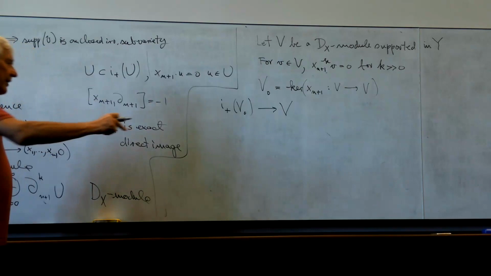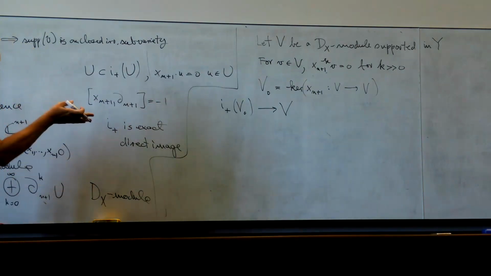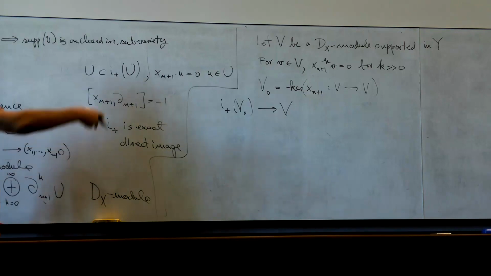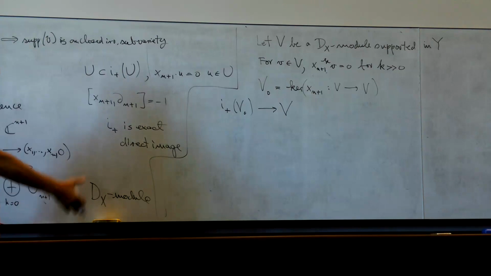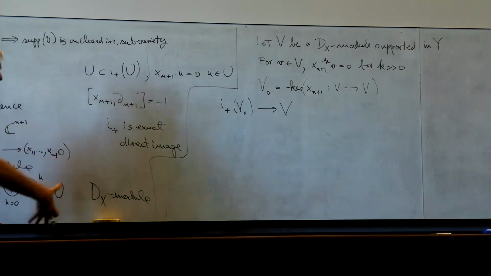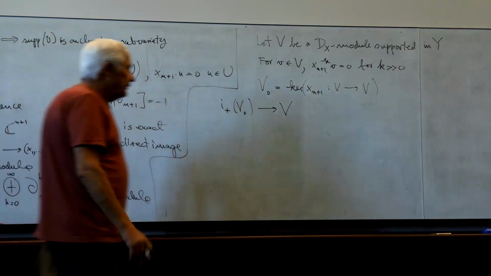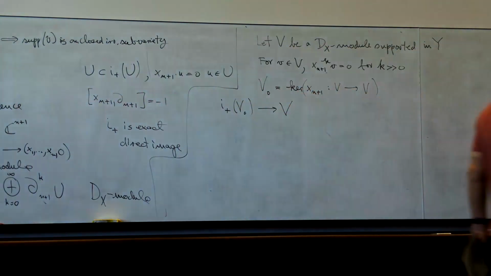So in one direction, you go by direct image, and in the opposite direction, you go by taking the kernel of x_(n+1), which is the first left-right derived functor of the image. So this is the exercise.